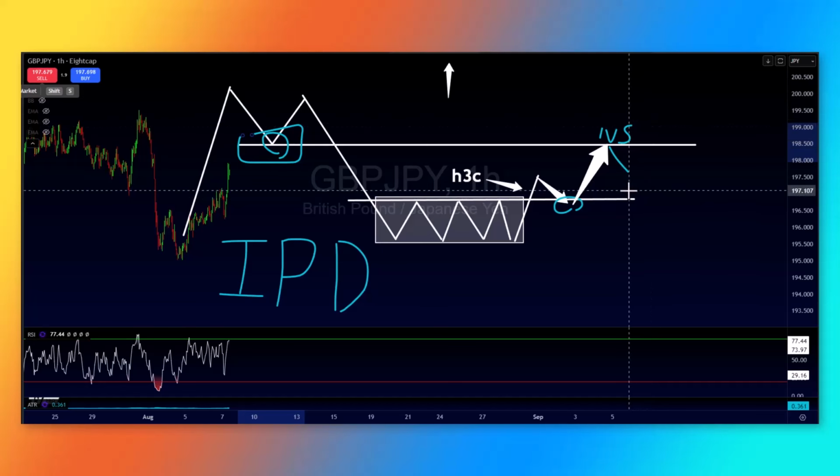So this is quote unquote trend trading because you're trading in the direction of the trend that you anticipate to happen. But you're not waiting for that confirmed 3-point move in order to do so.